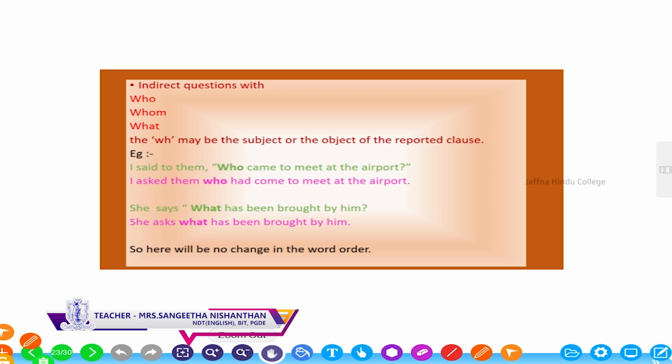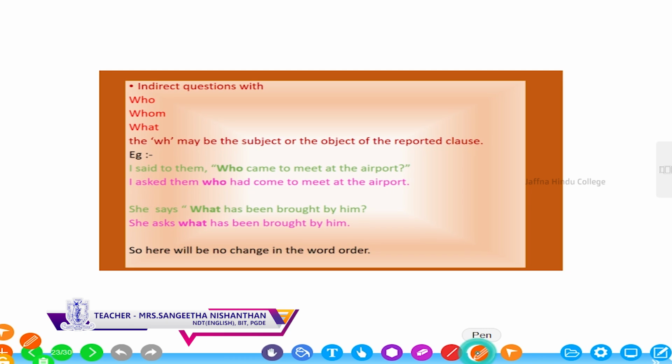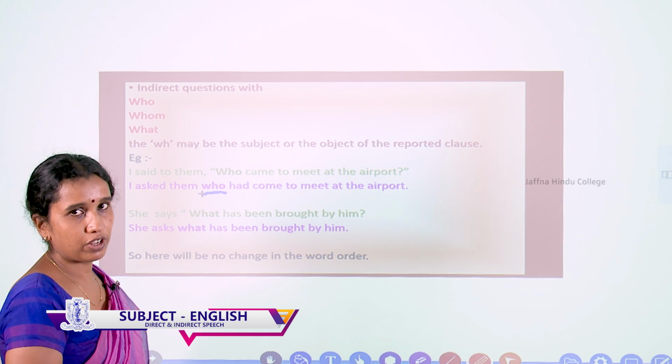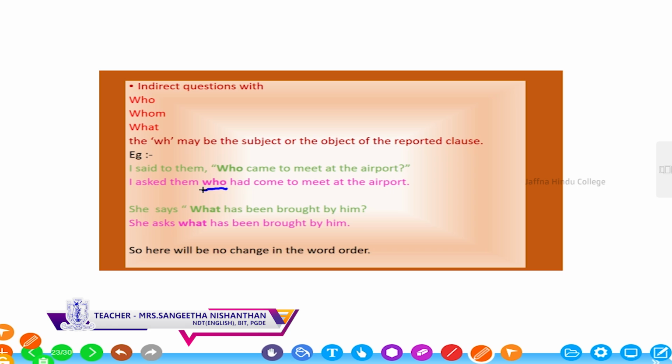When changing this, the reporting verb is asked them. The WH word remains at the same place. The past is past perfect: who had come to meet at the airport. The subject and the WH word are the same, so we don't change the word order.